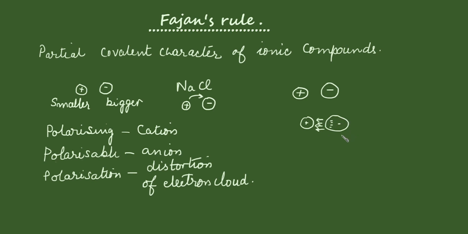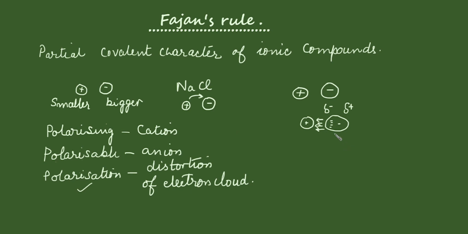This distortion of this electron cloud is what you call polarization. As a result, this end of the anion will develop a delta negative charge and this end will develop a delta positive charge.